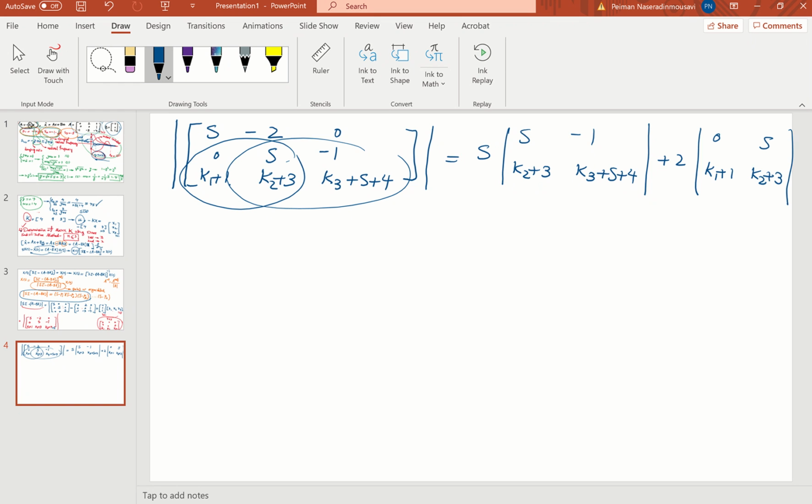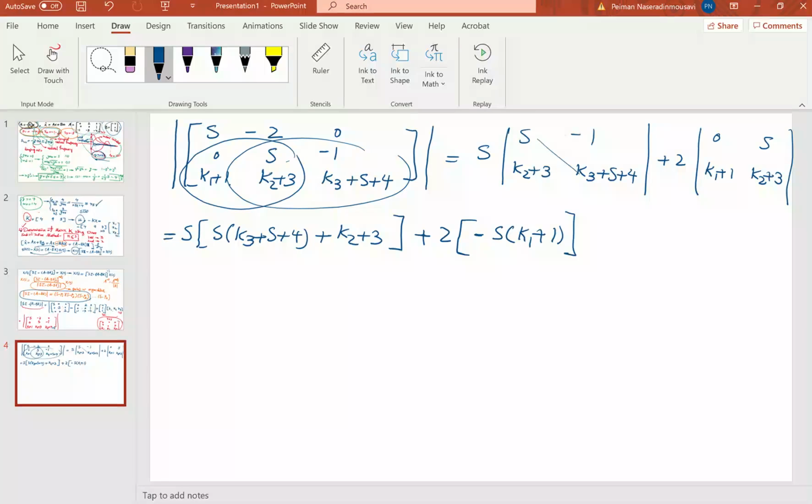Here we go. So this is equal to s multiplied by (s multiplied by (k3 plus s plus 4), this by this minus this by this), plus 2 times (k2 plus 3) minus s(k1 plus 1). Here we go.